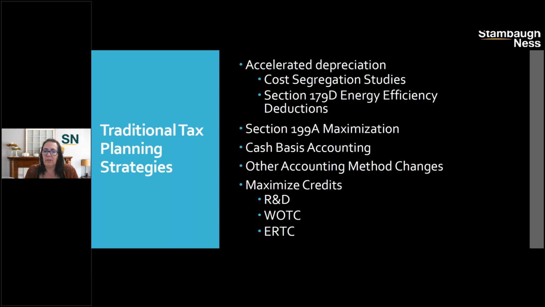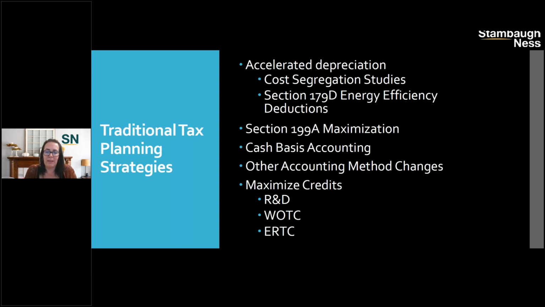A lot of service industries are on cash basis accounting, but every once in a while we'll take a look at somebody's tax return coming into us, and they'll be on the accrual basis of accounting for tax, and we'll switch them over to cash, provided that we can. And it provides a big tax savings typically in the current year, and it makes it easier to plan for the future.